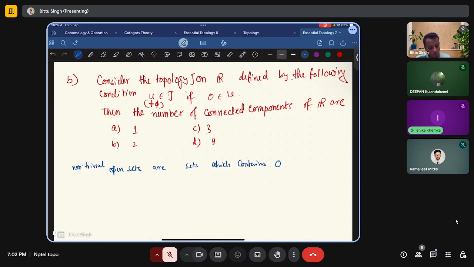So tau contains any subset of real numbers which contains 0. If 0 belongs to that subset, then that will be an open set. If 0 does not belong to that set, that is not open, except empty. Empty is always open.